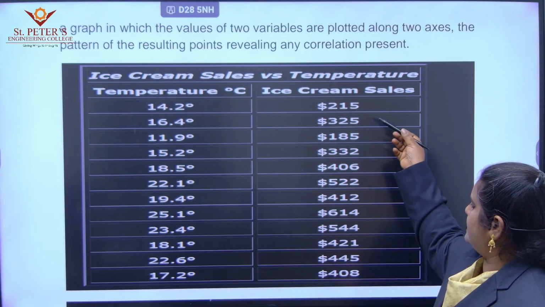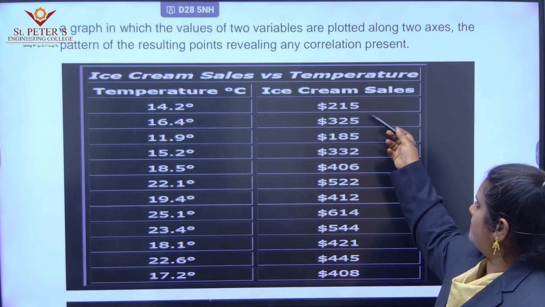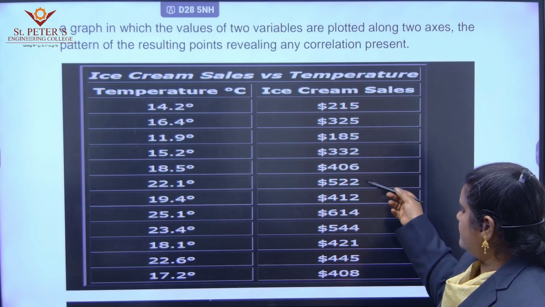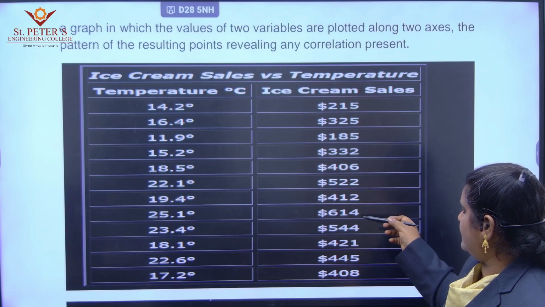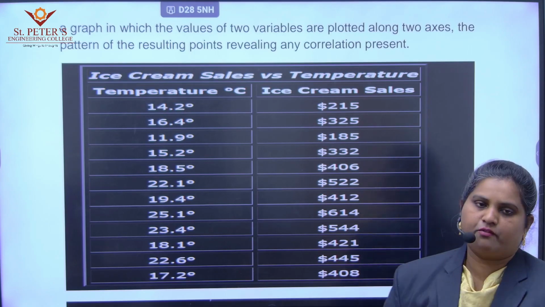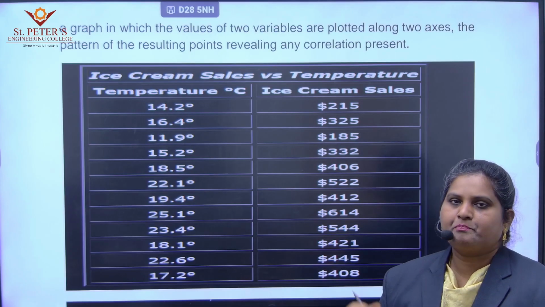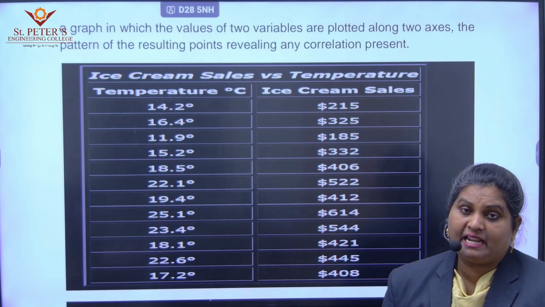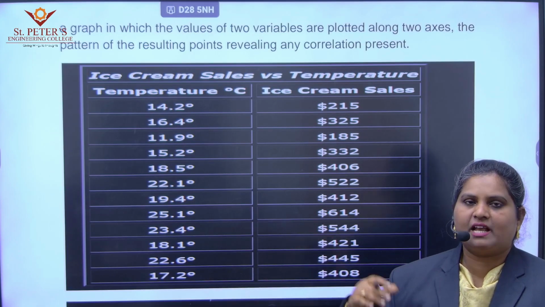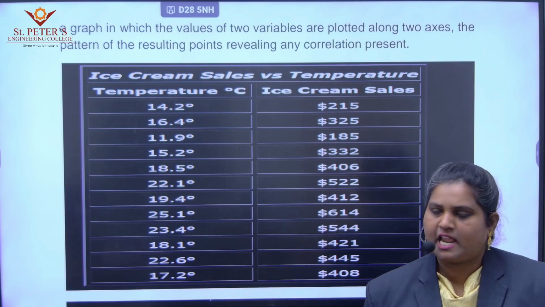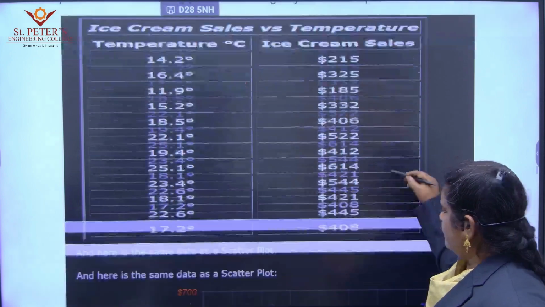See, sales information starts from 215 dollars. The highest is 522 dollars or more, the highest being 614 dollars. So we are taking the comparison. What are we comparing here? The temperature and the price, how much ice cream has been sold.